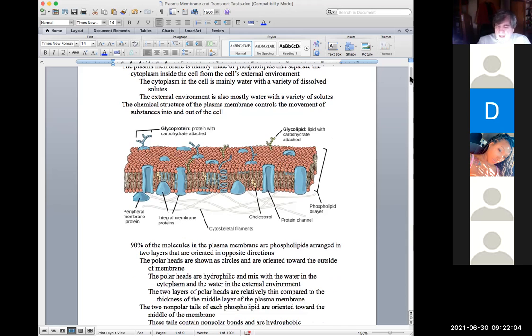So these are the main molecules that we find in the plasma membrane. We want to keep these in mind when we're thinking about how things get into the cell and how things get out of the cell. So again, to summarize, what do phospholipids do? Mostly stop stuff from getting in or out. What do proteins do?